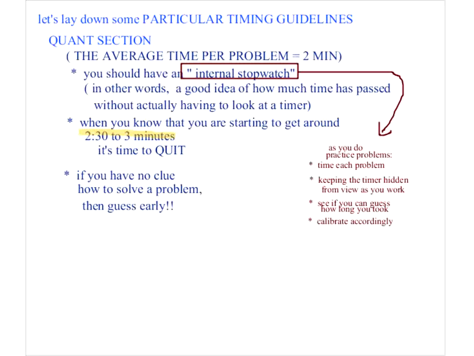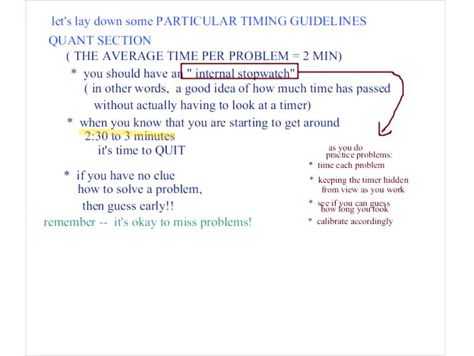Let it go. Remember, when you take this test, it's okay to miss problems. This is not a practice test. This is not a paper test on which you have to try to get every single problem right.